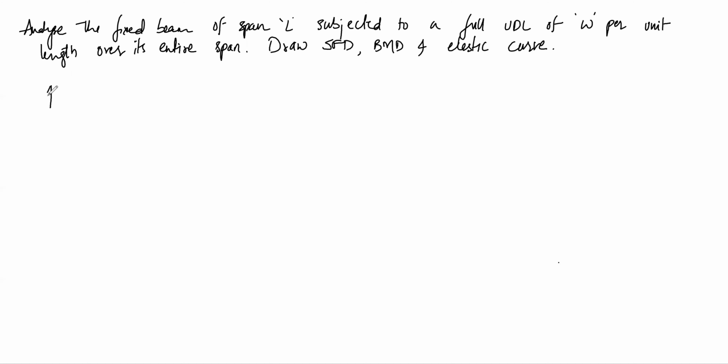So here there is a fixed beam whose span is L and flexural rigidity is EI, and it is subjected to a full UDL of W per unit length.